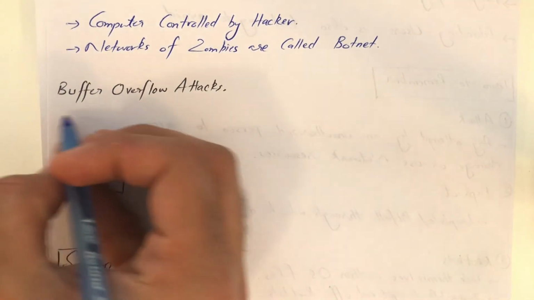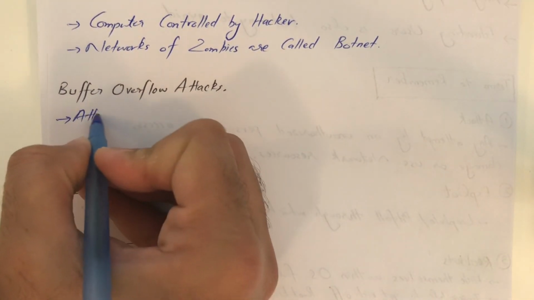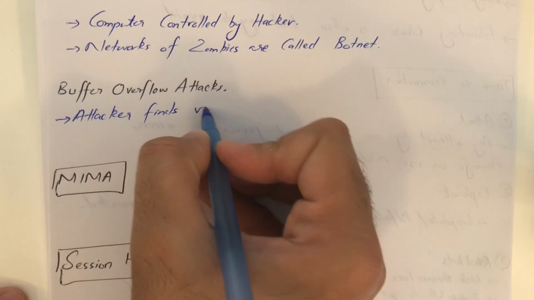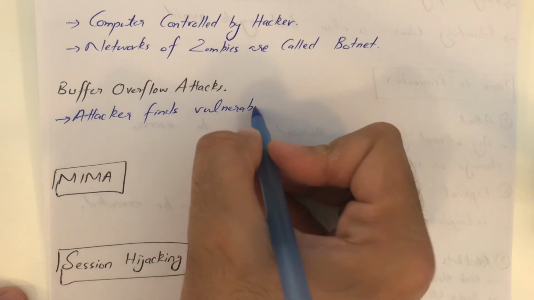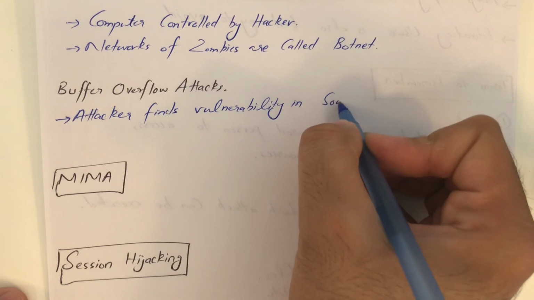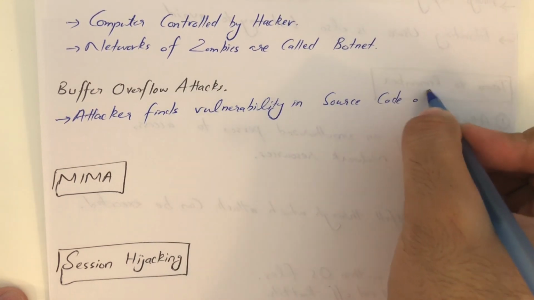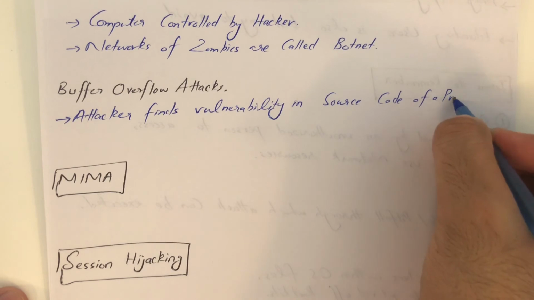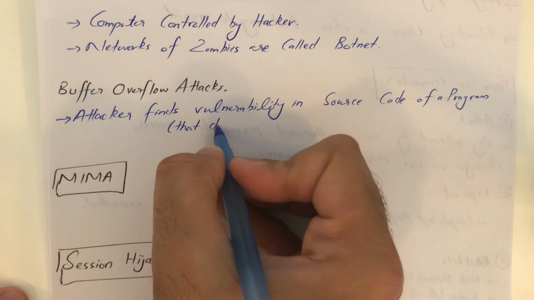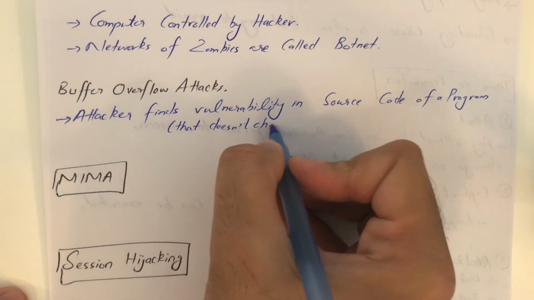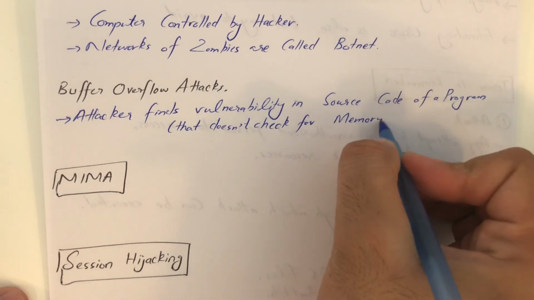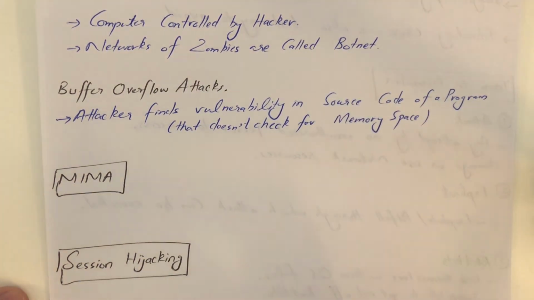So a buffer overflow attack is where the attacker finds a vulnerability in the source code of a program, one that does not check the memory space requirement for a packet.